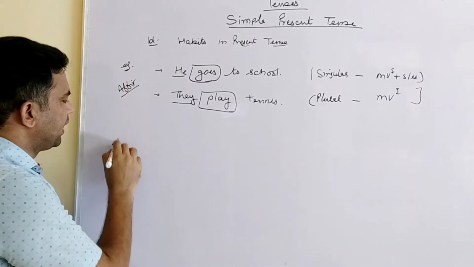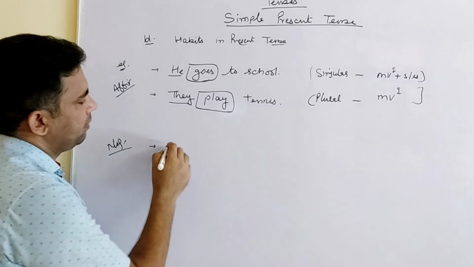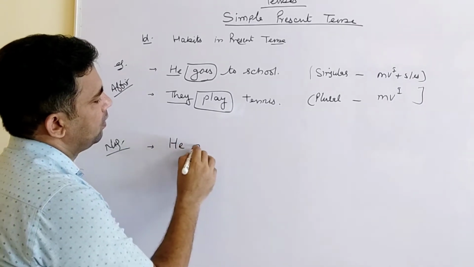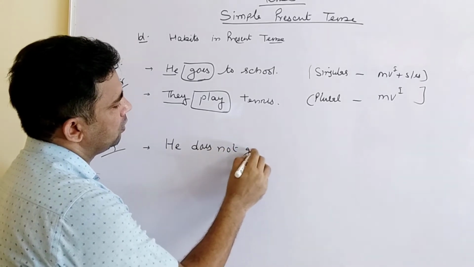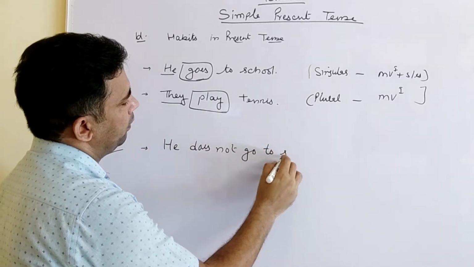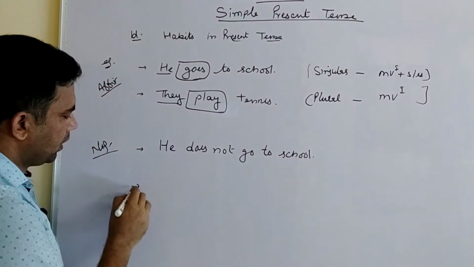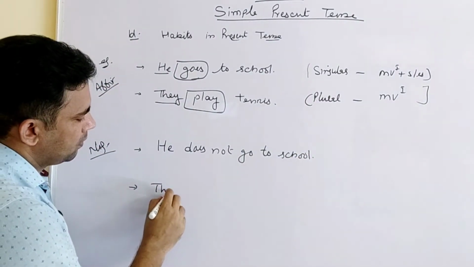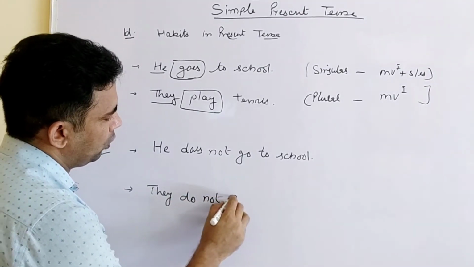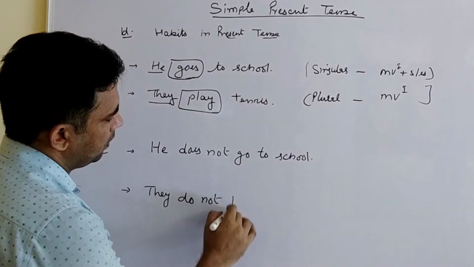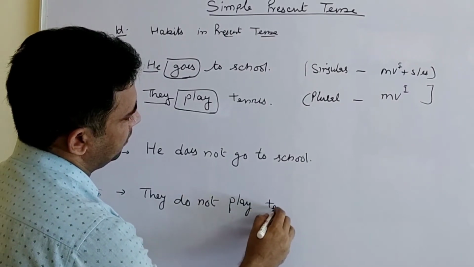If you want to make it negative, then what comes? The first one I am taking becomes: he does not go to school. Second one: they do not play tennis.